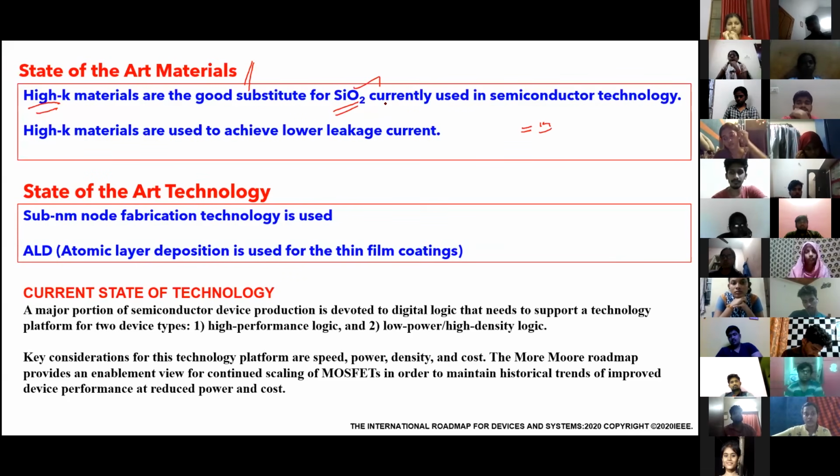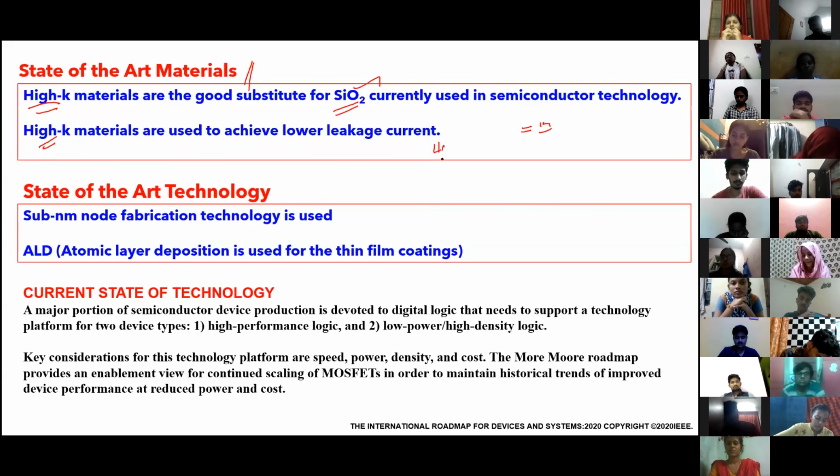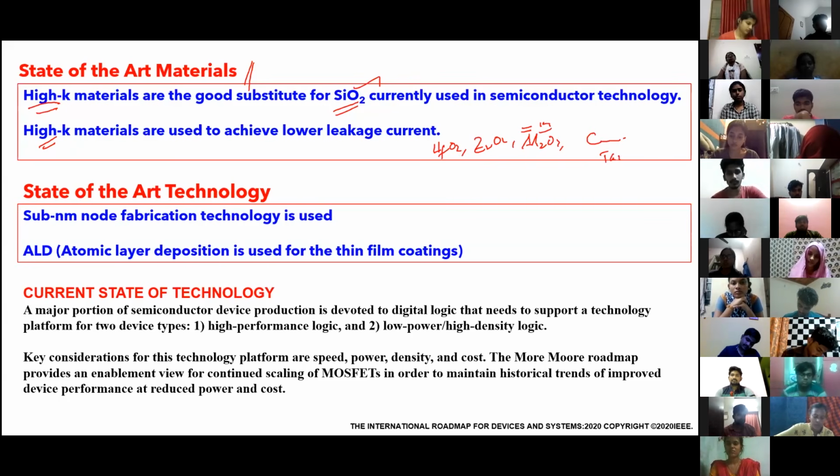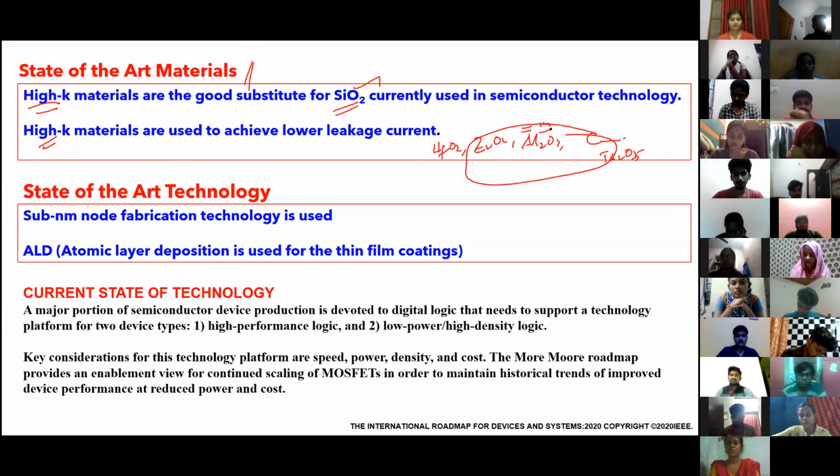Leakage current will be really large. So to avoid that leakage current, people are trying to replace this material with high dielectric constant materials, such as hafnium oxide, zirconium oxide, aluminum oxide, or combinations of them. Even tantalum oxide, tantalum pentoxide, was tried. These high dielectric constant oxides are the state-of-the-art materials looked at for applications in MOS capacitors.